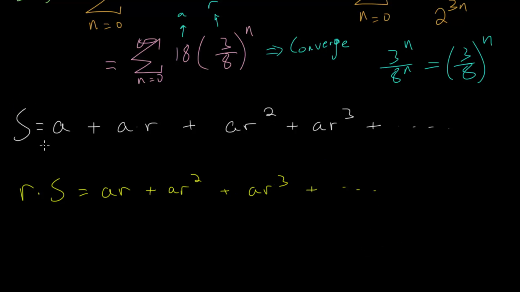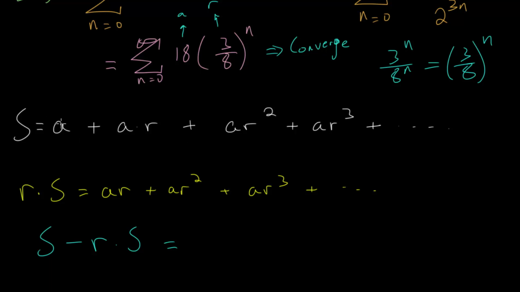Now, the trick to find s, to actually add that up, is to take this top sum and subtract this bottom one, this new one where we multiplied s by r. We take s and we subtract r times s, and notice what happens.